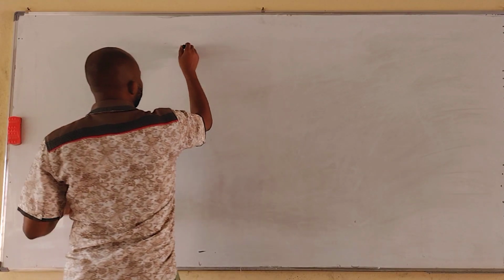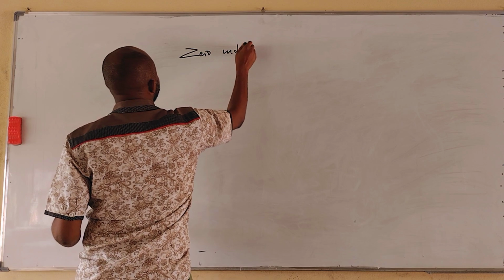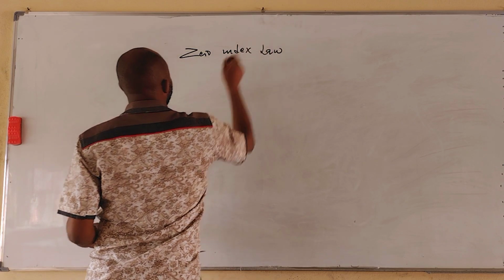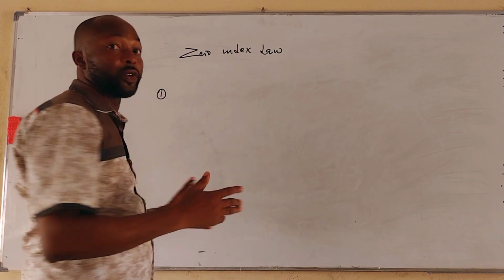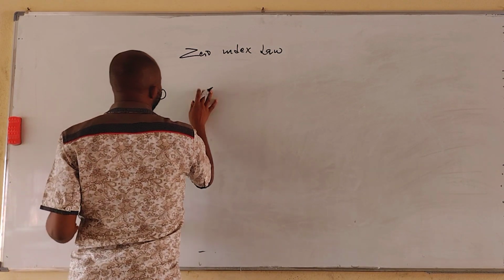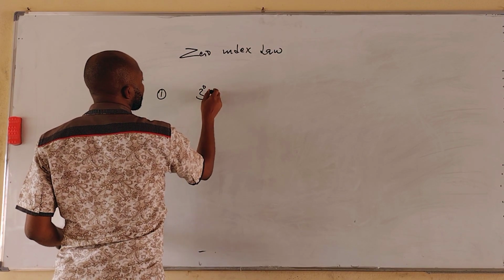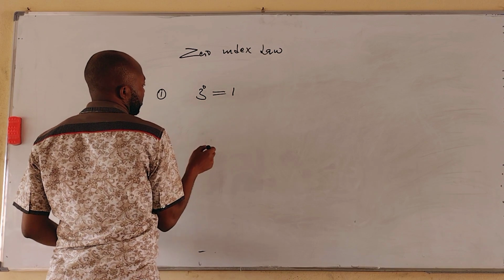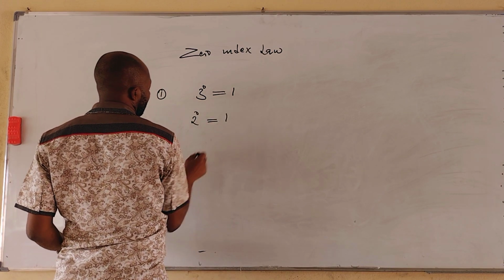So I have the zero index law, number 1. Any number raised to the power 0 is 1. Example, 3 raised to the power 0 is equal to 1. 2 raised to the power 0 is equal to 1.